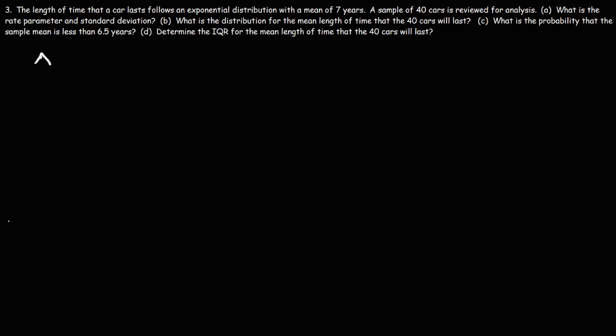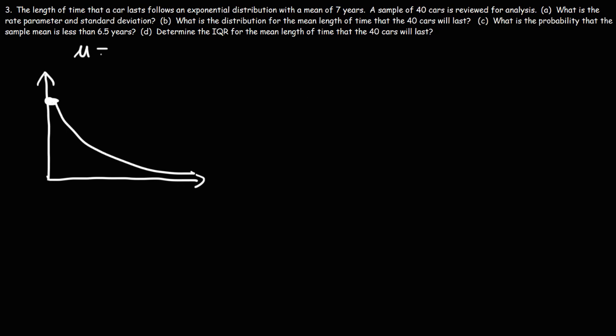So what we know right now is that the population distribution has the shape of an exponential distribution. And we know that the mean is 7.